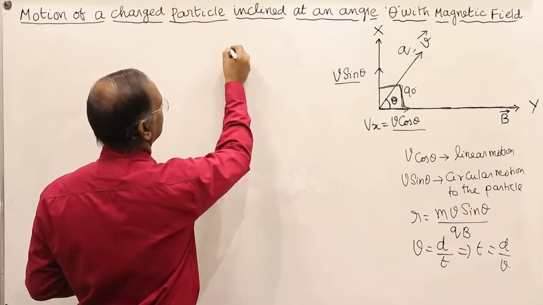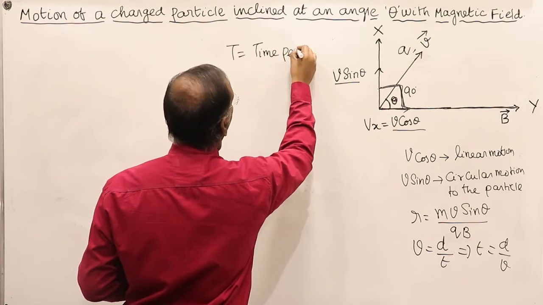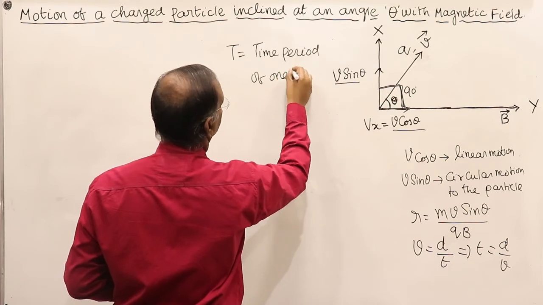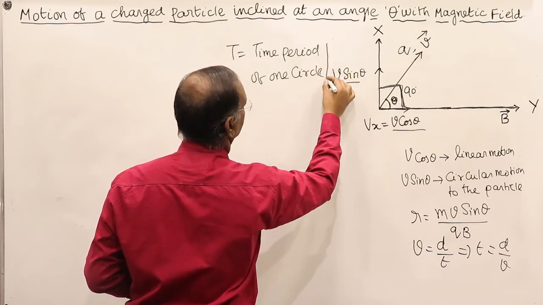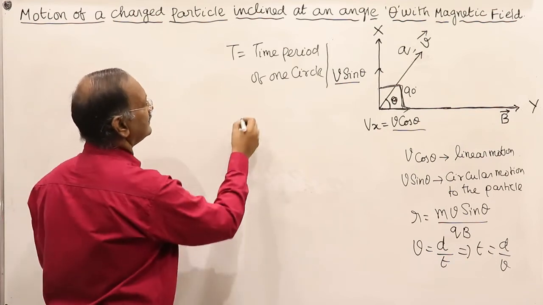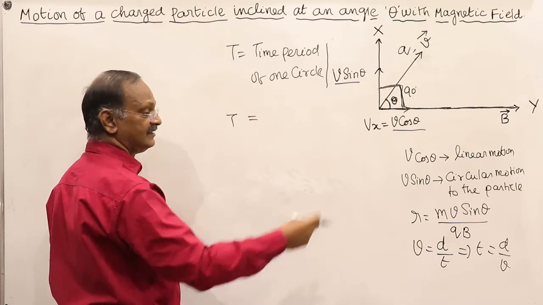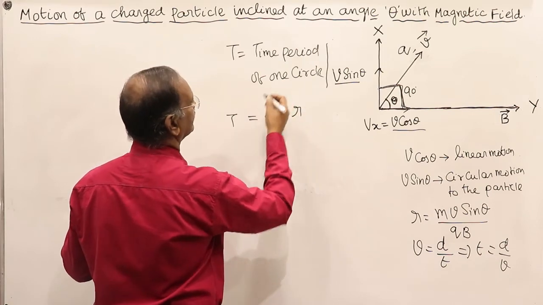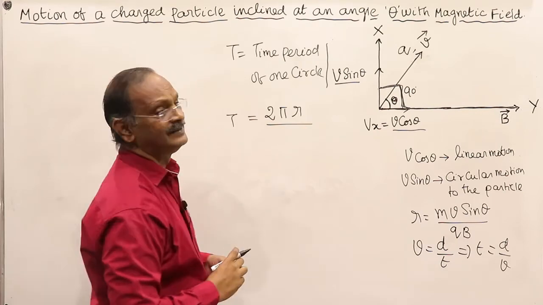So T is the time period of one circle or one cycle, to complete one revolution. It is equal to the distance it travels in one circle, which is the circumference, 2 pi r, divided by its velocity. What is its velocity?